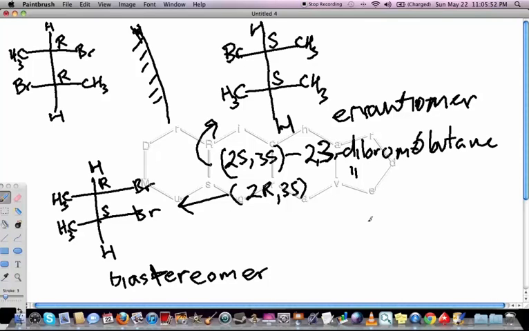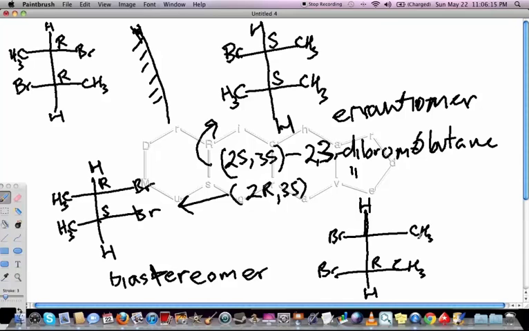Now if I had wanted to, I could have gotten the other diastereomer by leaving the bottom the same, leaving that R, and flipping these two on top, and that would be S. And the name of that one would be 2S, 3R, and that would be the other diastereomer. But generally speaking, you're only after one diastereomer in these kinds of problems.